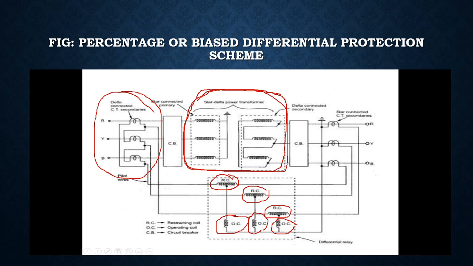If the restraining coils are placed like this, then the scheme is known as the percentage or biased differential protection scheme. So what is the difference between them? If the restraining coils are placed in the protection scheme, that is the biased or percentage differential protection scheme. If the restraining coils are not there, that represents the simple differential protection scheme.